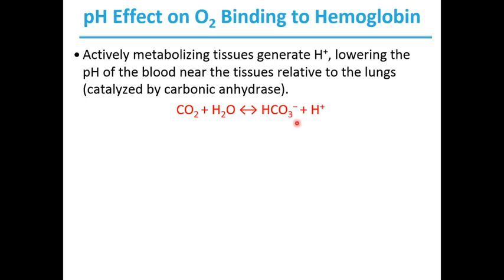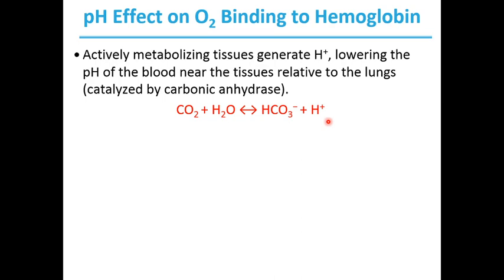As you can see from the reaction catalyzed by carbonic anhydrase, that is carbon dioxide plus water giving bicarbonate and H+, every molecule of carbon dioxide that gets converted to HCO3- results in the formation of a molecule of H+. So, as the concentration of H+ increases, pH decreases in the tissues.